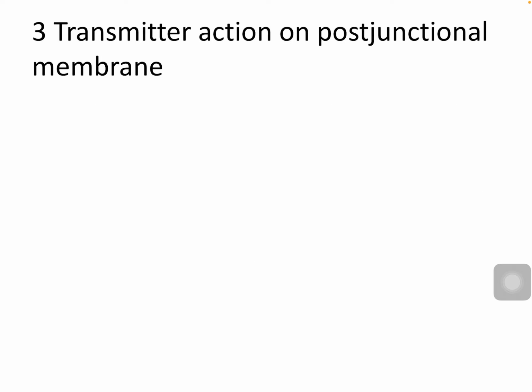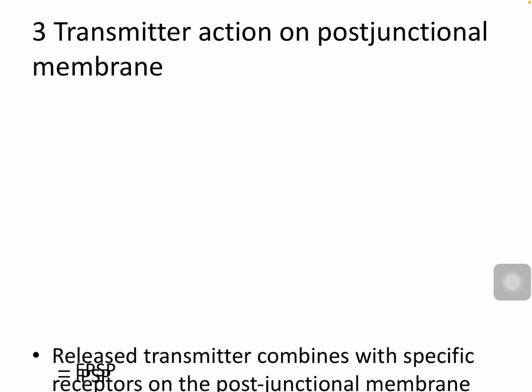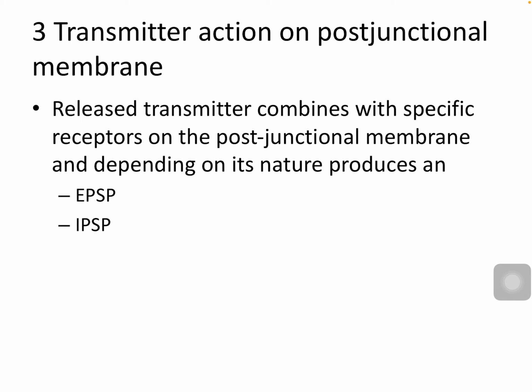Third is transmitter action on the post junctional membrane. The released transmitter then combines with the specific receptors present on the post-junctional membrane, and depending upon the nature of the transmitter released, it can lead to either EPSP or IPSP. EPSP is excitatory post-synaptic potential, while IPSP is inhibitory post-synaptic potential.